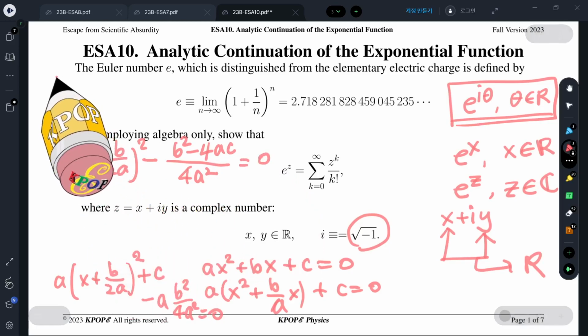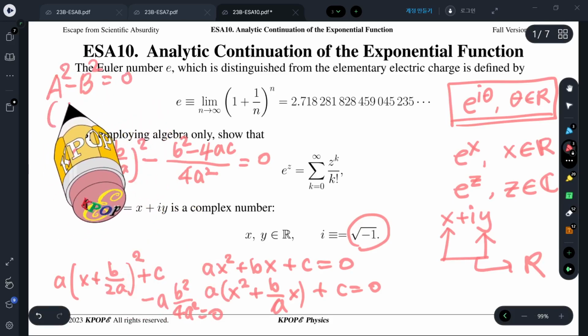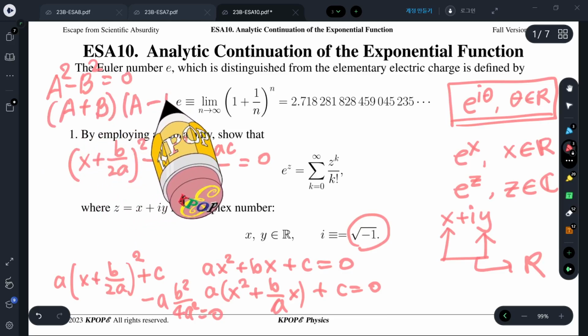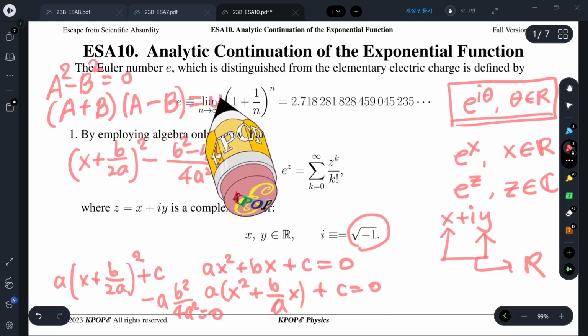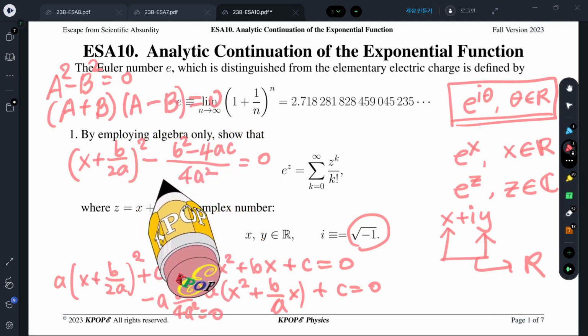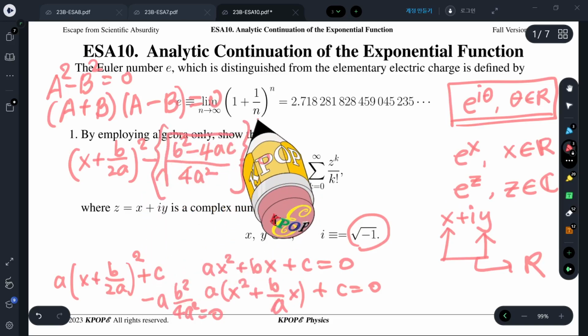We know a squared minus b squared equals 0 is factorized into a plus b and a minus b. So we rewrite this one as a square root and square.